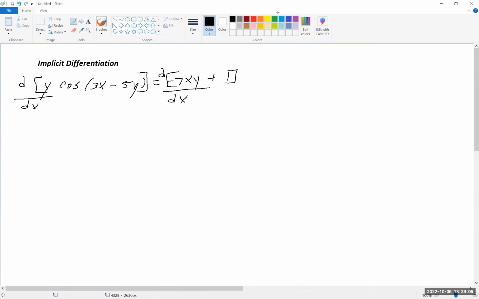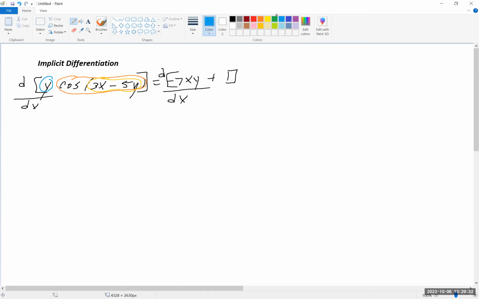Just to make it real clear, we've got a function here and then another function over here. So we've got to use the product rule, but then additionally, we've got this function in here, so we've got to use the chain rule too.